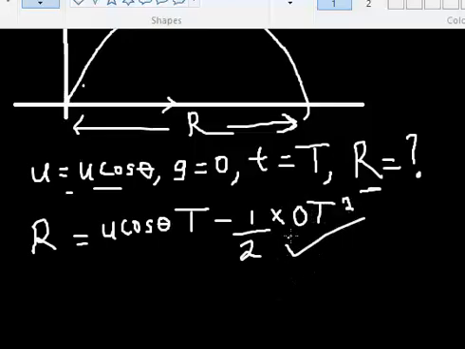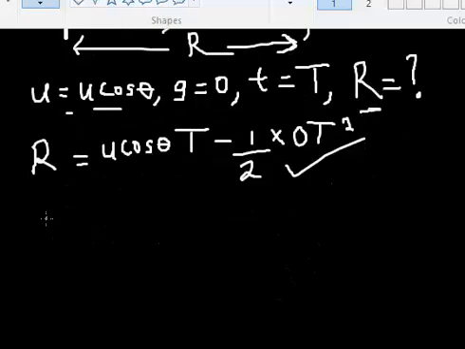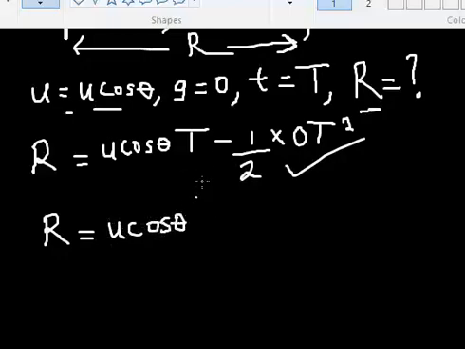So the whole of this is 0, so I'm only left with U cos theta, then multiplied by the time of flight. Remember the time of flight of a projectile, which of course is 2 sine theta, which is 2U sine theta all over G.